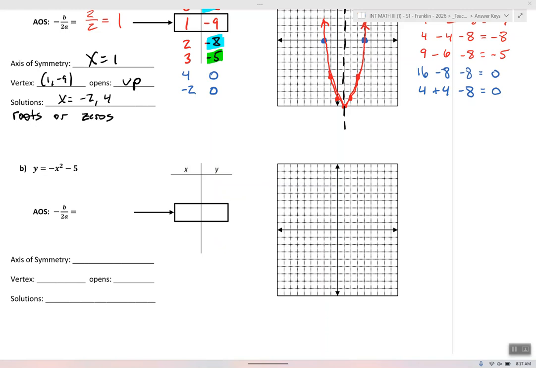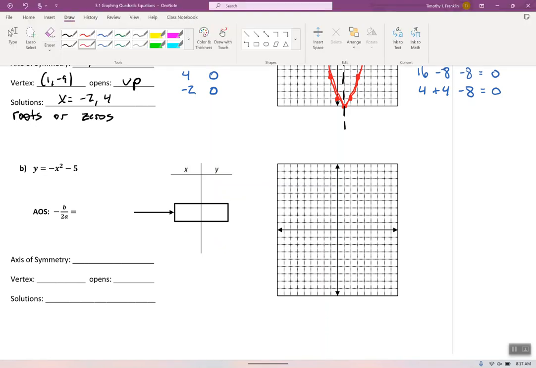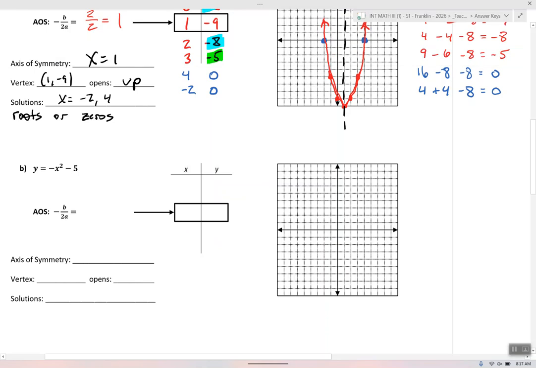Okay, for example B, we've got y equals negative x squared minus 5. If you consider this one, you don't see that x term in there, that b value. That means our b value is 0. So our a value here is negative 1, b is going to be 0, and c is negative 5. To find our axis of symmetry, it's negative b over 2a.